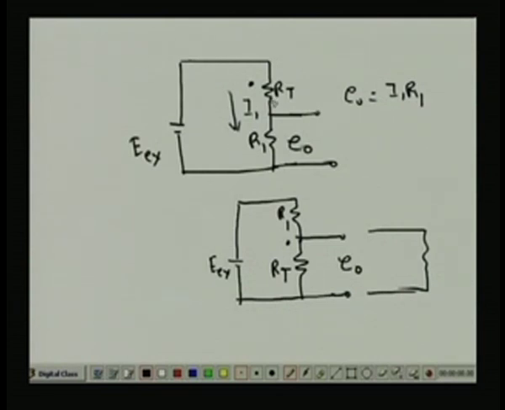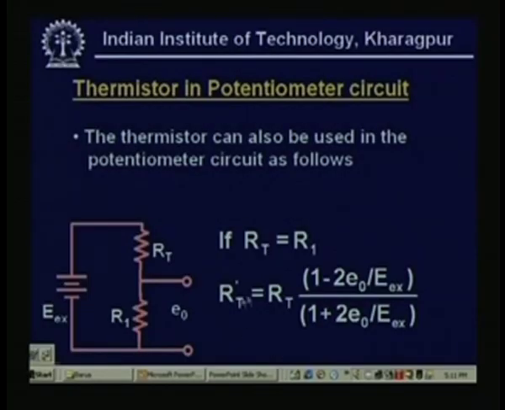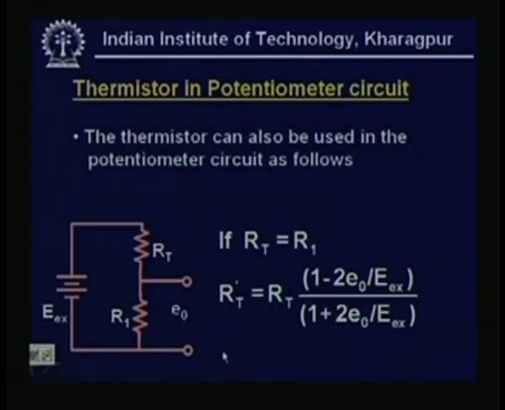If the resistance falls, obviously I1 will increase, and the value of the voltage will increase. So, as the temperature increases, E0 will increase, because this current will increase, because this has fallen down. So, that is the reason we have got the expression RT dash equals RT (1 minus 2E0 upon Ex, excitation) upon (1 plus 2E0 by Ex), right. This is one of the circuits.